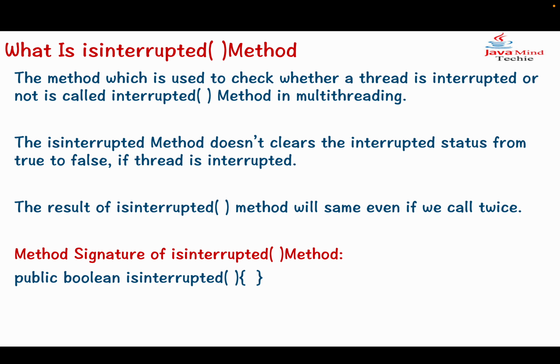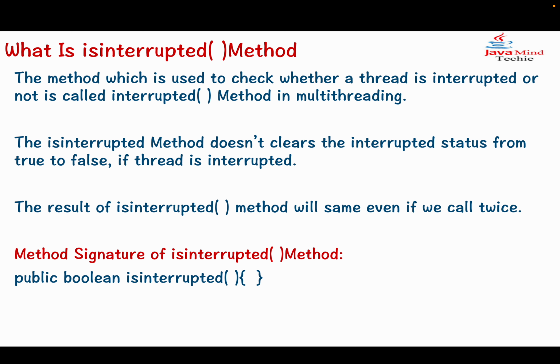See the next point, the result of the isInterrupted method will be the same even if we call it twice. The same thing I explained for the interrupted method: the result of the interrupted method will change if we call it twice. But here, the result of the isInterrupted method will be the same even if we call it twice.